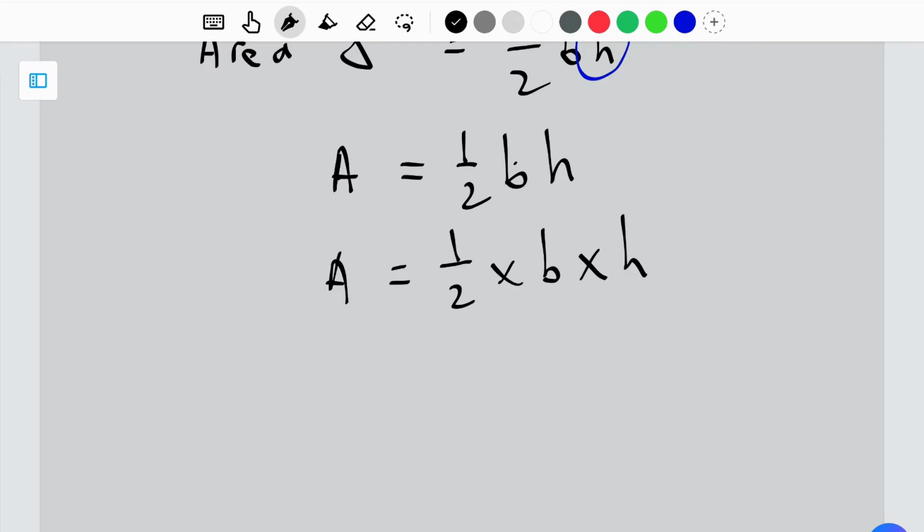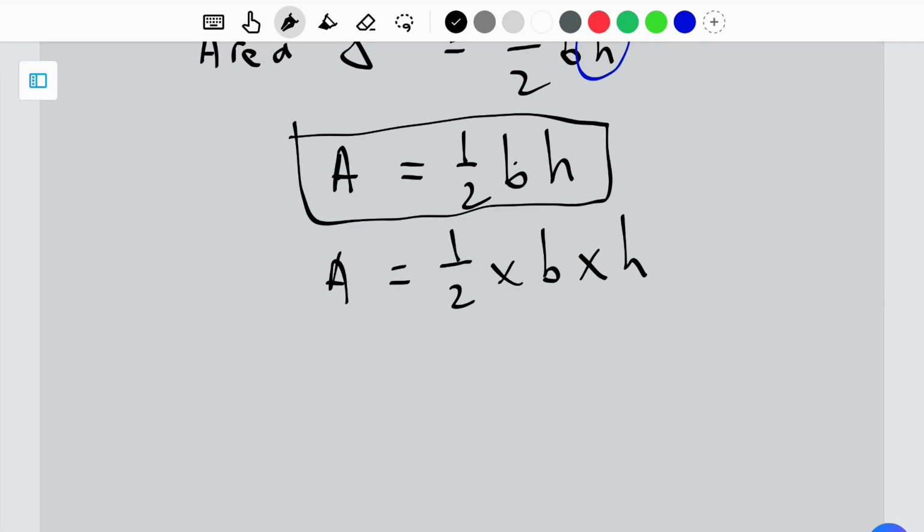We know that a half times base times height is going to be a half base height, as shown in the previous video. If we multiply all three of these unknowns, it would be a half base height. So we want to isolate the h. What can we do?